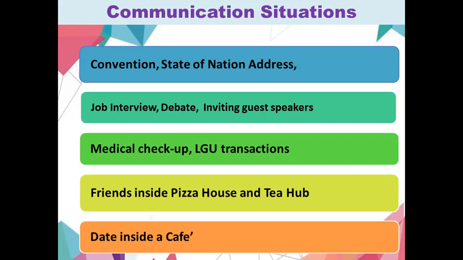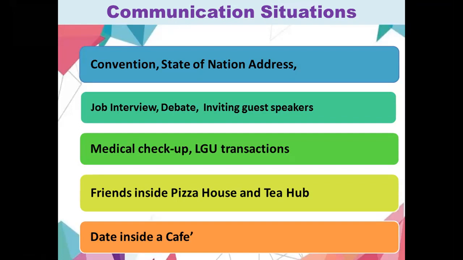Because when you use inappropriate words, say for example you are in a convention and you are talking about things intended only for your lover or partner, it's a no-no.